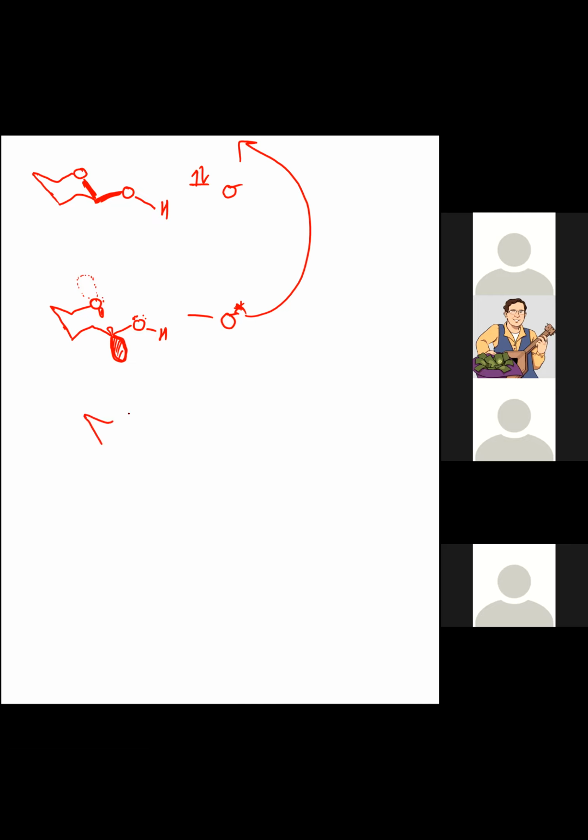Because what we can do is orient this such that one of its lone pairs is also coming out of the plane towards us, lined up with this big juicy sigma star.